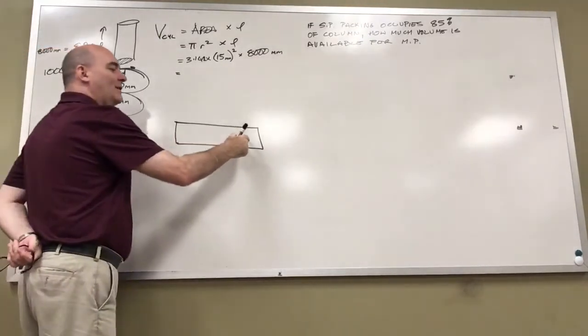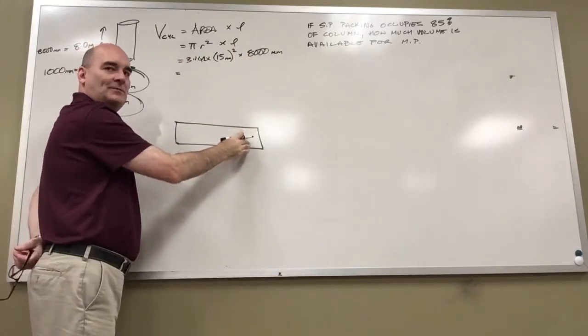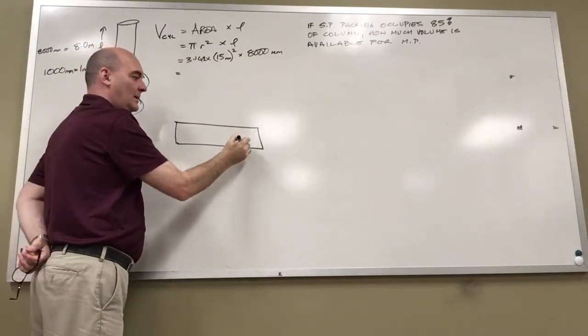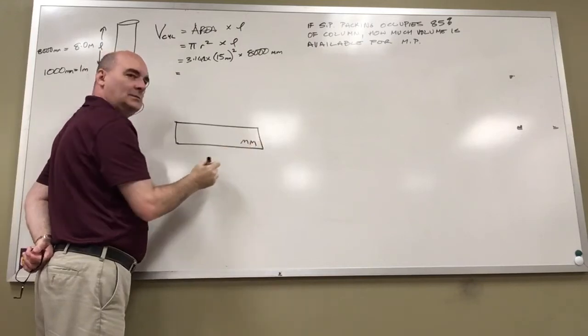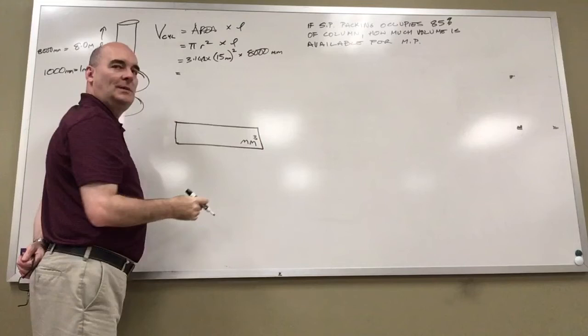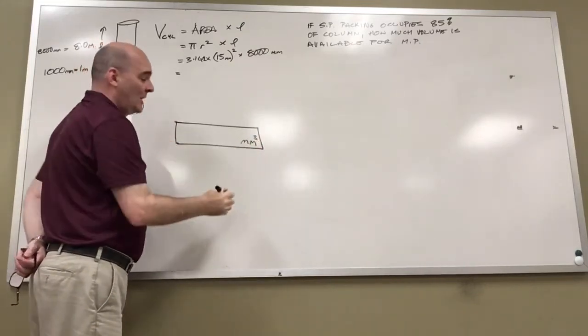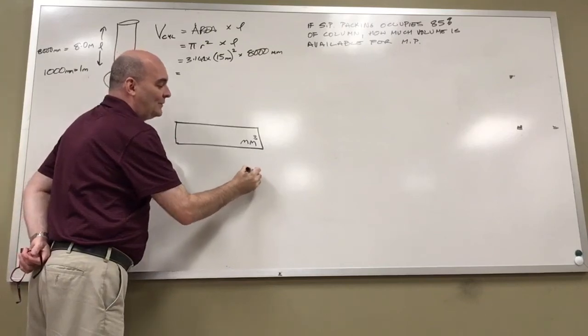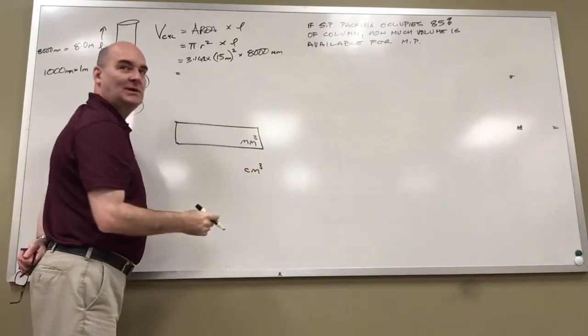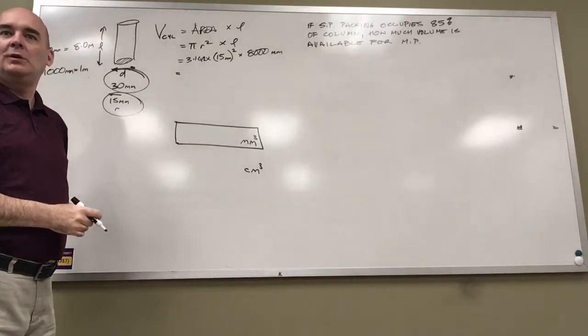What is my unit here at the end, the way that I've got it written out? It's in millimeters? Millimeters cubed. It's going to be in cubic millimeters. So volume is three-dimensional space. But what if I could make it be in cubic centimeters? What if I could do that?